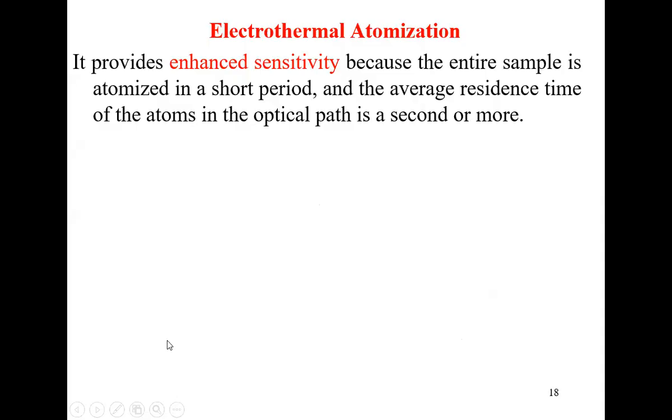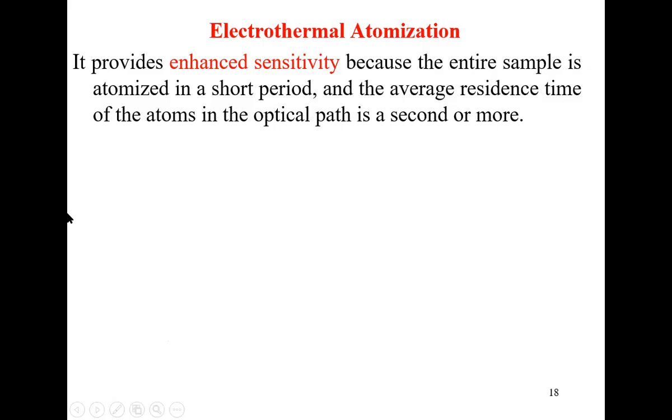So notice here the advantages of electrothermal atomization. There are several others, but classically you associate it with the more commonly used method, graphite furnace atomization. Number one, it provides enhanced sensitivity. Later I'll put a chart when I deal with inductively coupled plasma.